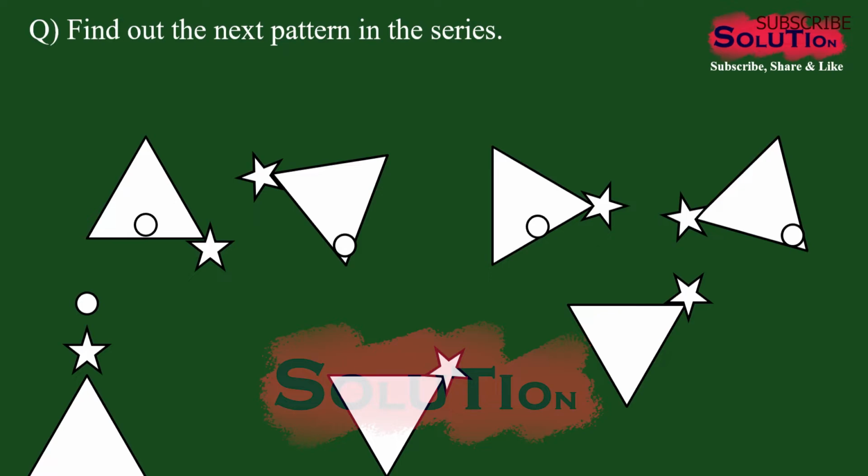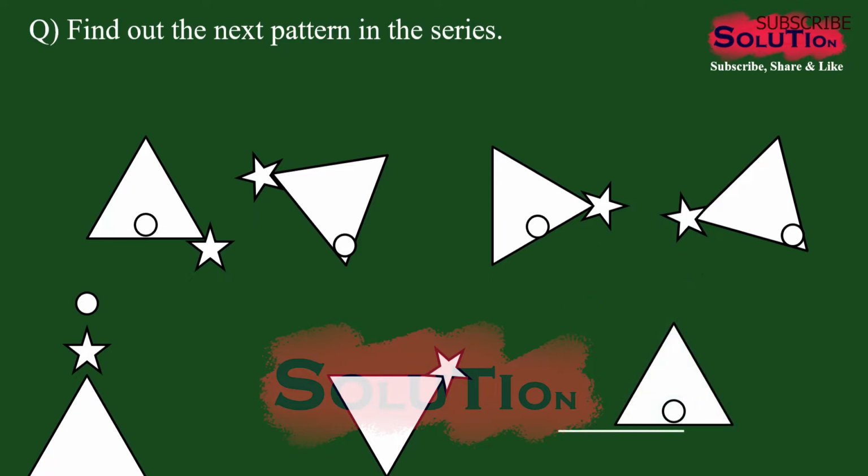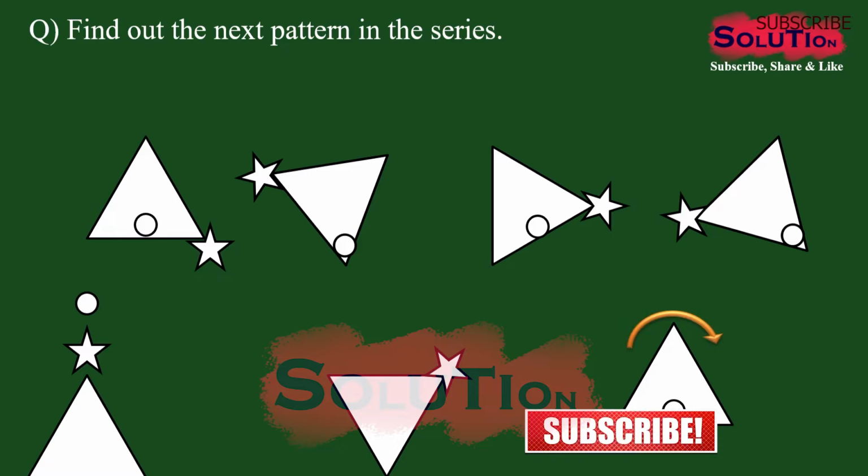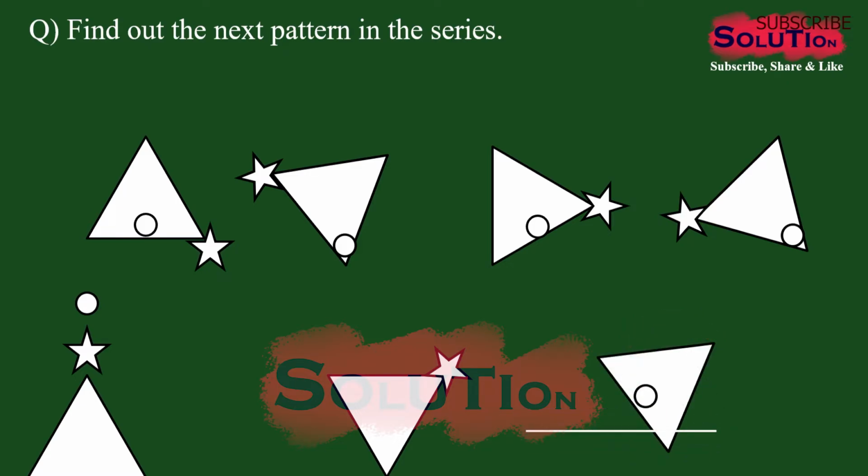Now we have one circle also, so let us move the circle now. In the first figure, let us rotate the circle and the triangle together. So we are expecting something like that. But you see, this circle is not in the middle. Now it comes to a corner on the right side. That means it moves half the length, right? Now again, let us rotate it 45 degrees. We are expecting this, but the answer figure and the third figure are not matching.